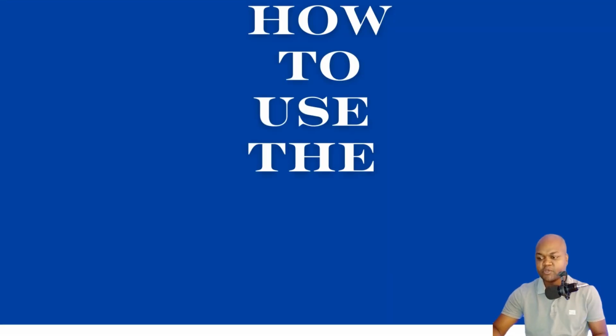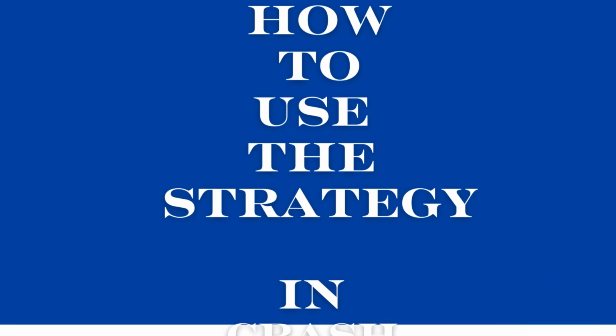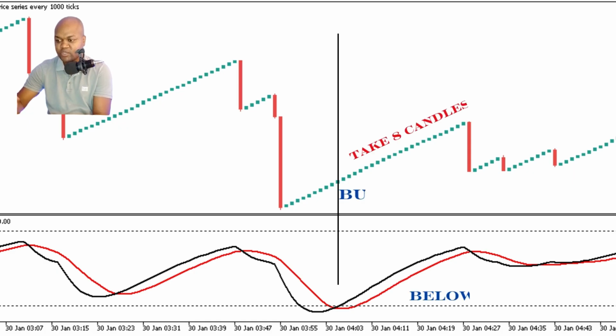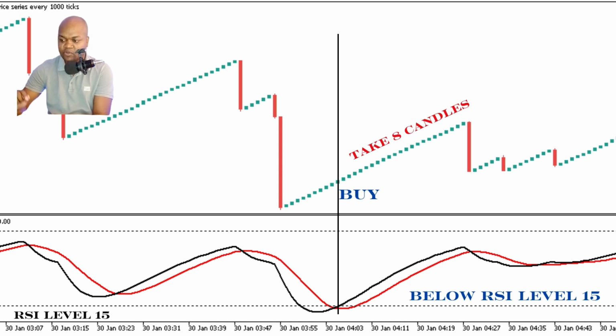Okay, how do we use the strategy in Crash? In Crash, we're focusing on the RSI level 15, and we want the crossing of the black and the red line to occur below the RSI level 15. When that happens, we're going to buy those small green candles, and we're only going to take 8 candles in Crash. We buy in Crash when we're scalping.